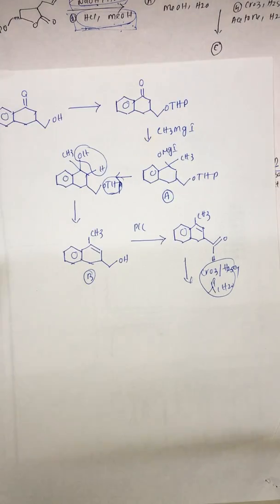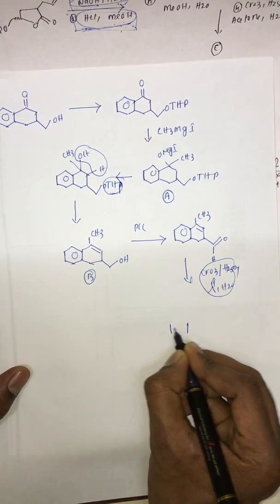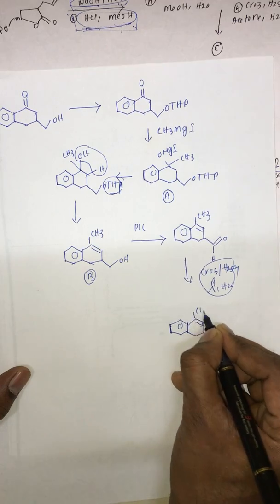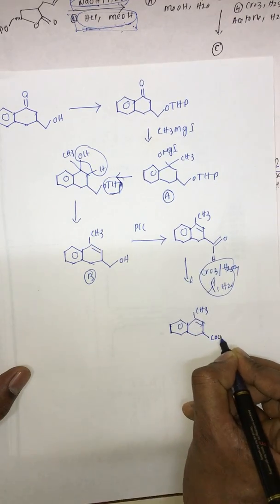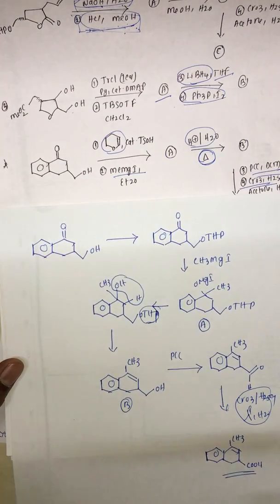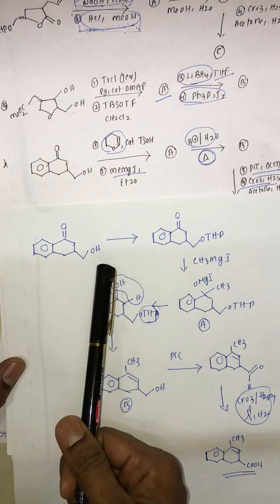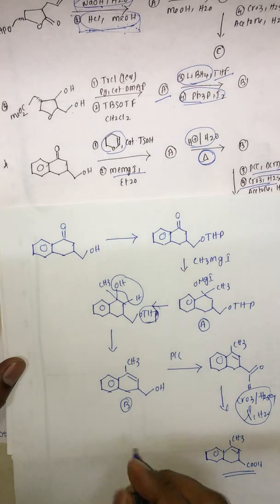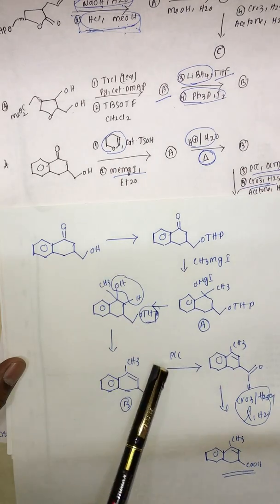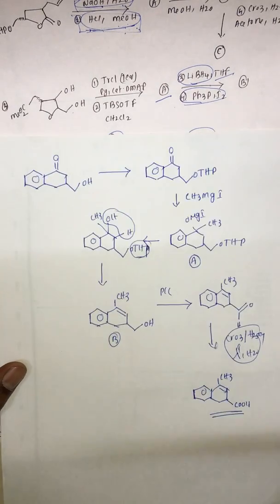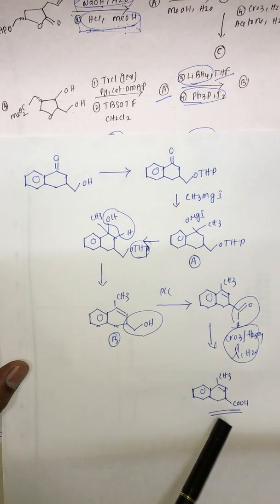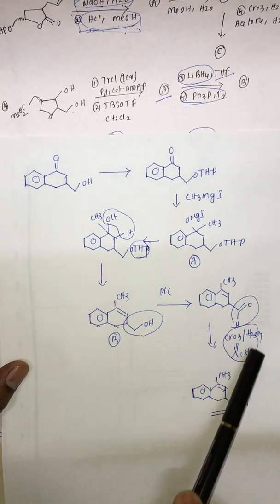In the Jones oxidation, aldehydes convert into carboxylic acids. So this is the final product. So in the first step we are protecting OH with this tetrahydropyran, and in the second step we have Grignard reagent and further elimination of water, and here we have PCC oxidation. PCC oxidation converts primary alcohols into aldehydes, and further this aldehyde can convert into carboxylic acid in the presence of Jones reagent.